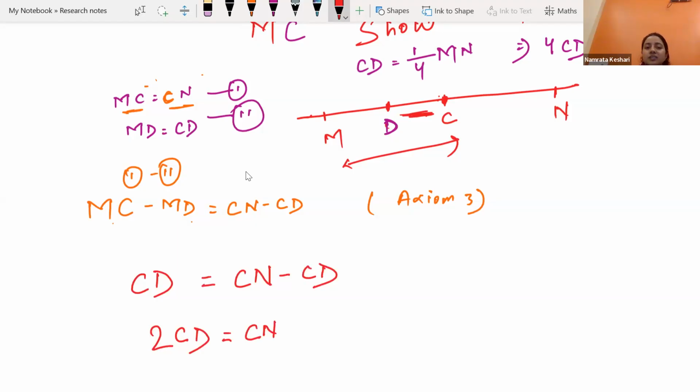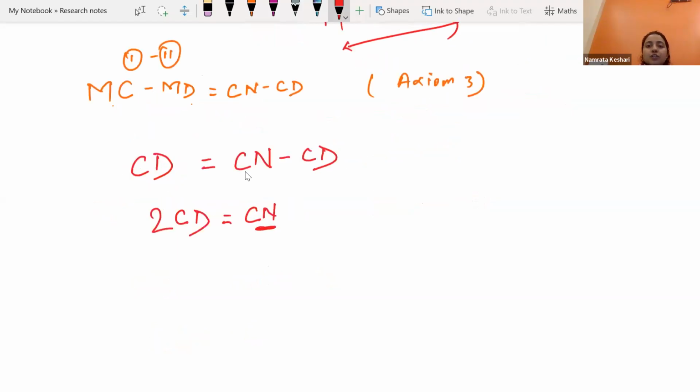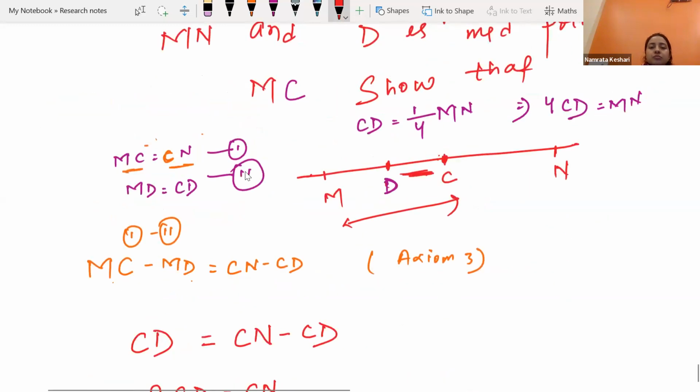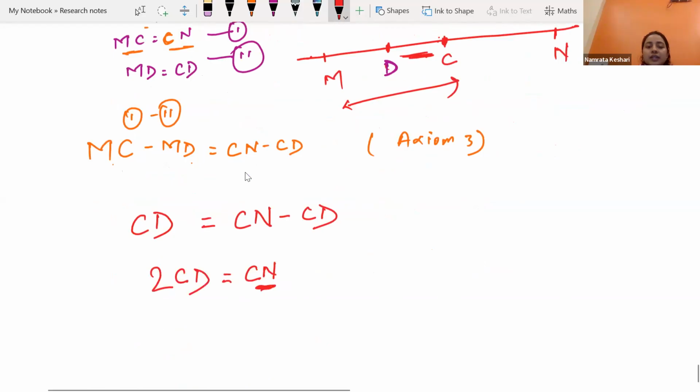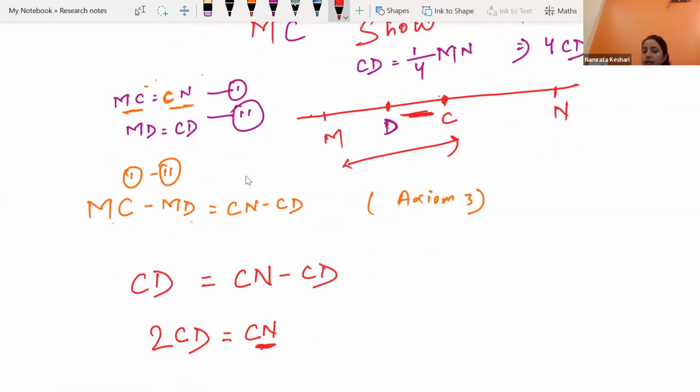Now we don't need this CN over here. In our proof, CD is there and MN is there, right? So this CN, we should write in terms of MN, or at first use equation 1.